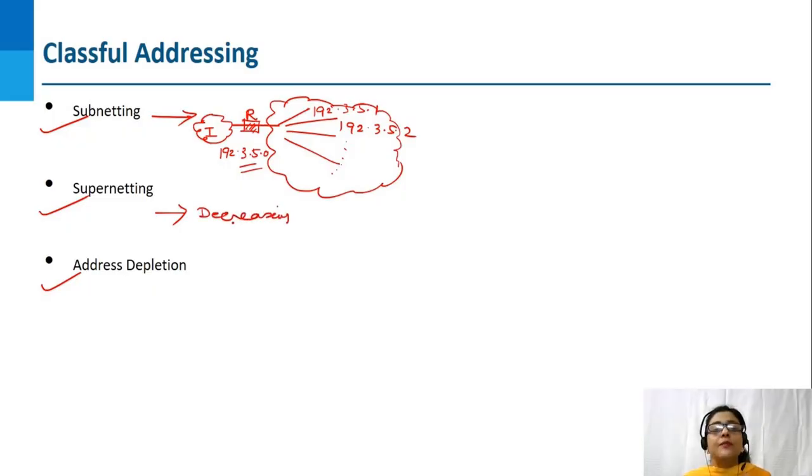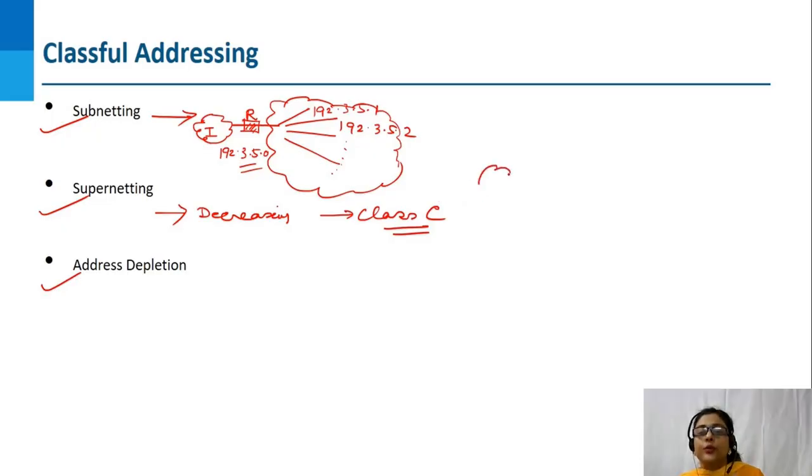Decreasing means there is some flaw with the addressing structure of classful addressing, and hence the result is that more and more address space is required. Now we use class C addressing. Class C addressing has a large number of net IDs but fewer host IDs.